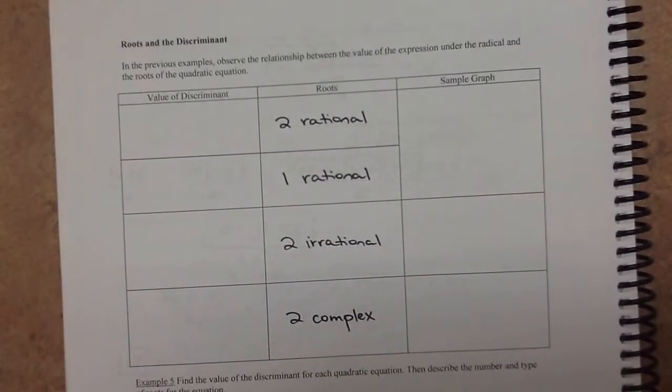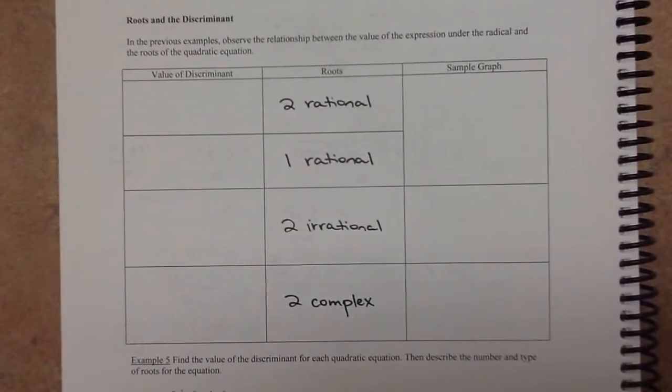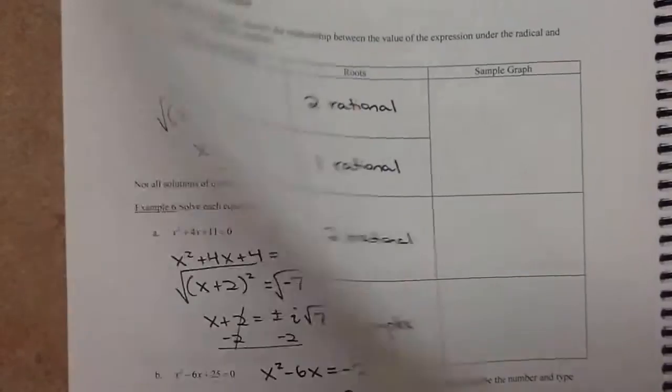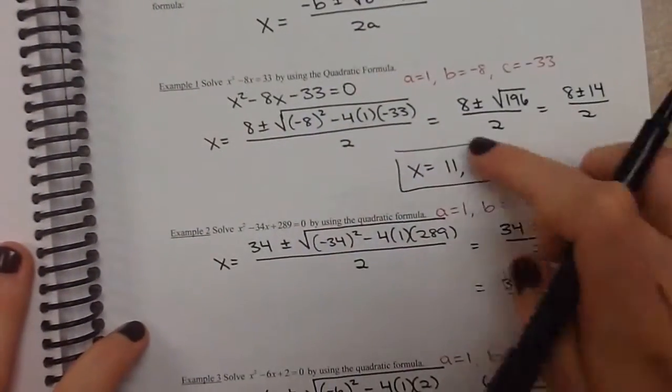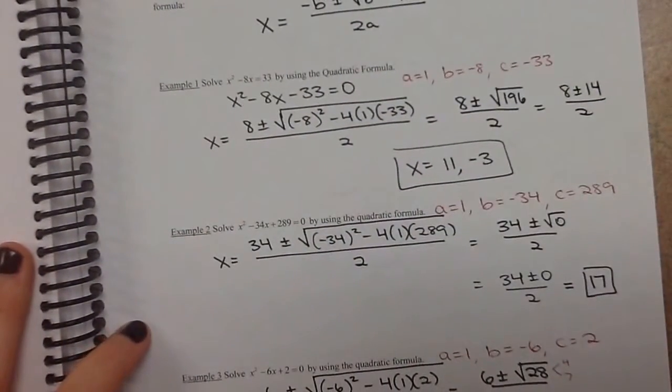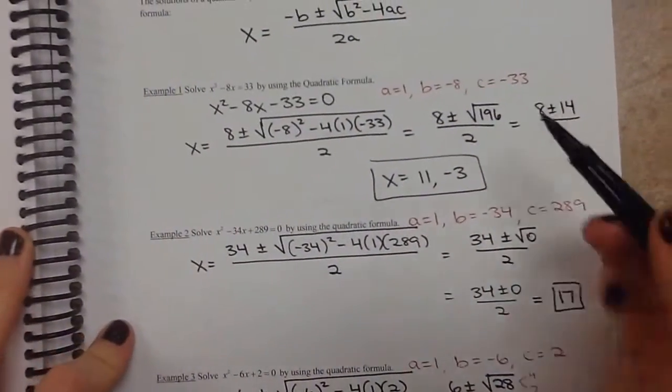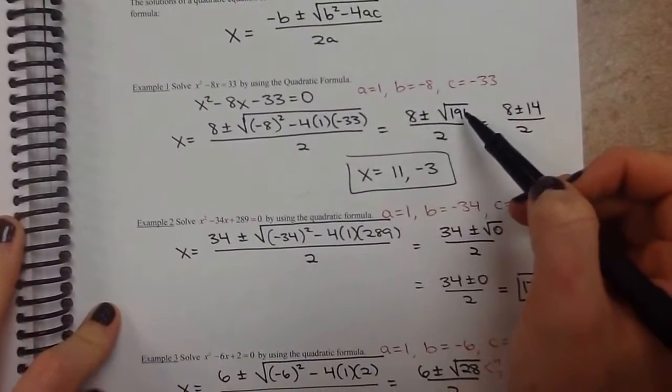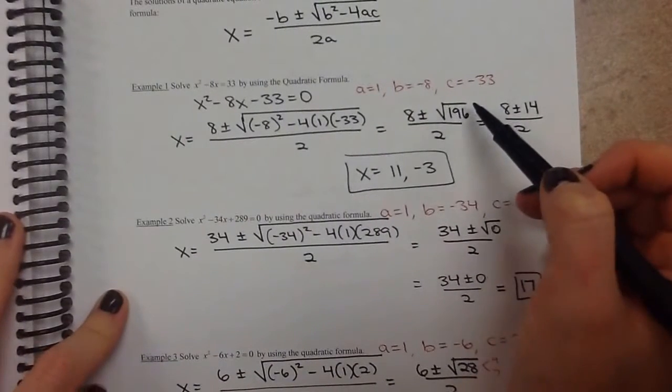Okay, so I'm going to flip back to that previous video again and show you how we could have known. So here's the difference between all 4 of these answers here. It's not this, it's not this, it's whatever's under the square roots. So this, we had a 196 under the square root. 196 is a perfect square.